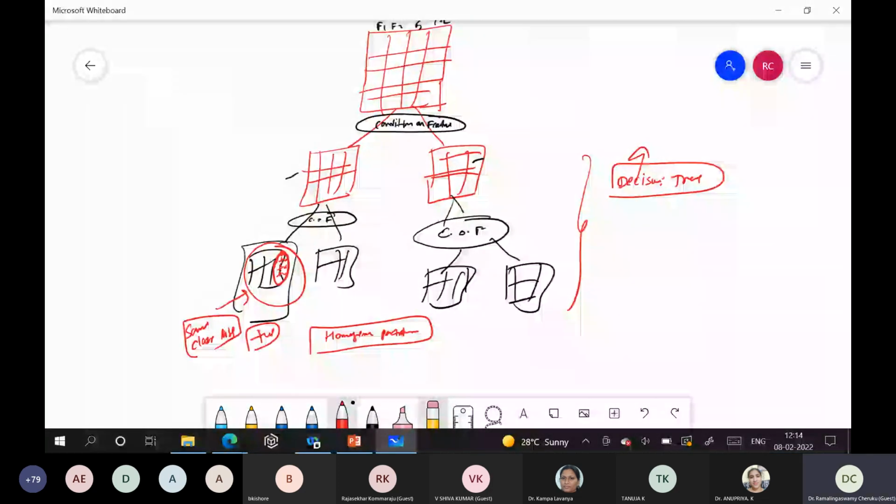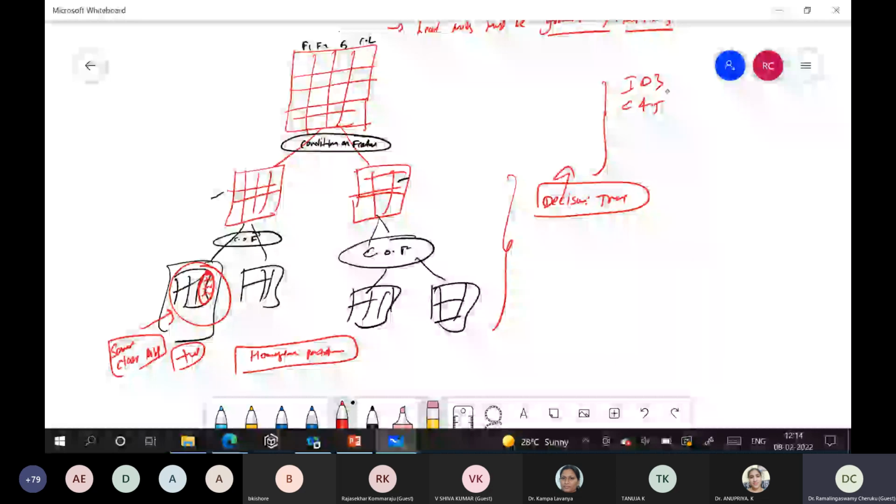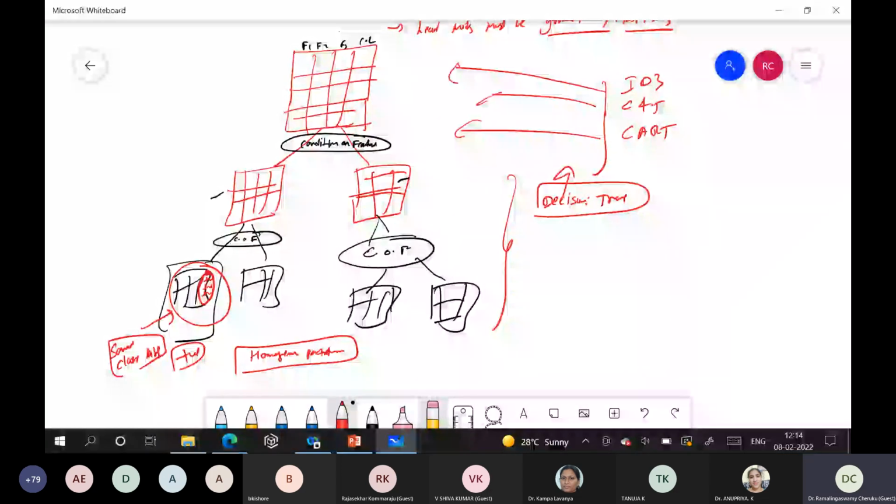Now, the way you generate this decision tree differs from algorithm to algorithm. We have listed three algorithms: ID3, C4.5, and CART. If you take any one of these algorithms, the overall approach is the same, but what differs in each algorithm is how you select the features.